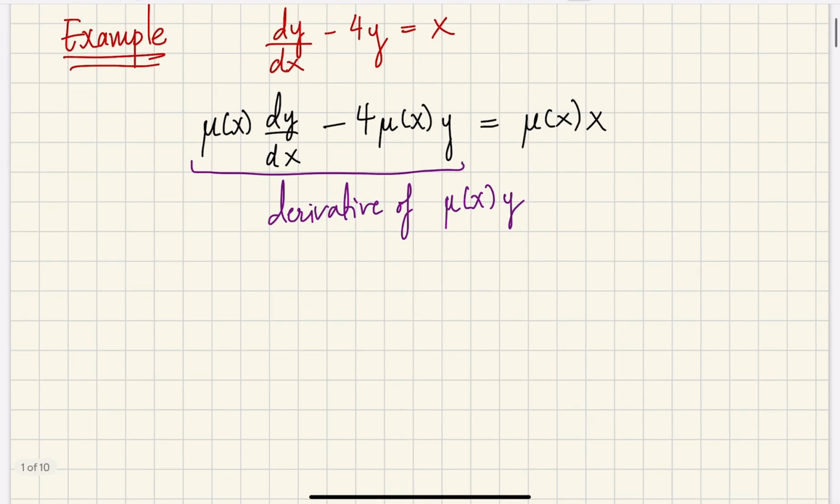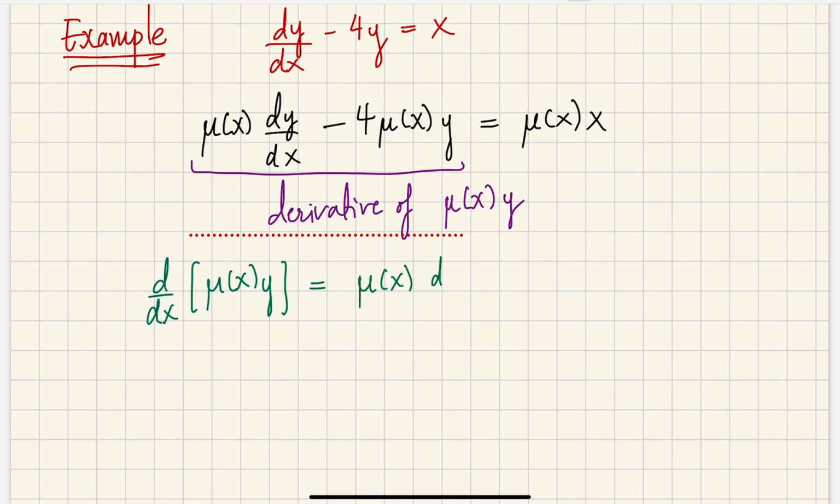To see this, let's differentiate mu of x times y with respect to x. We will use the product rule. So this becomes mu of x times dy over dx plus d mu over dx times y.